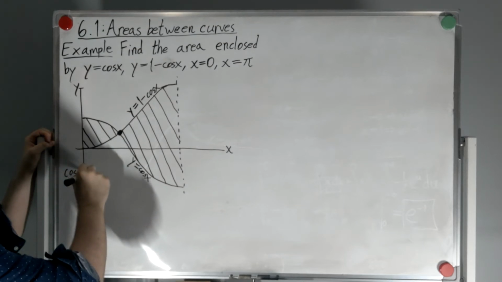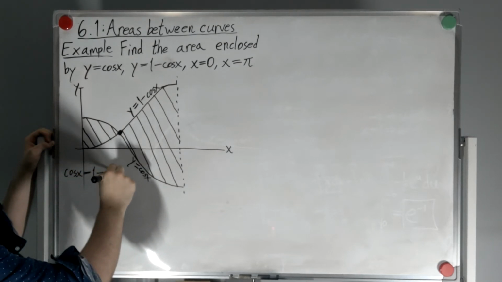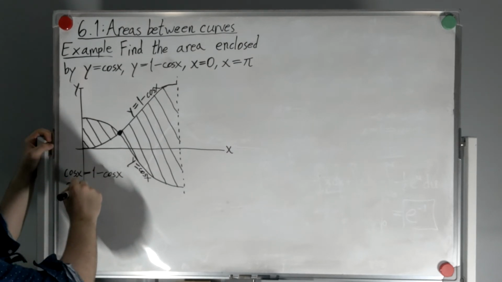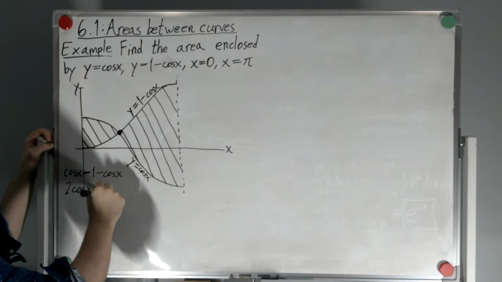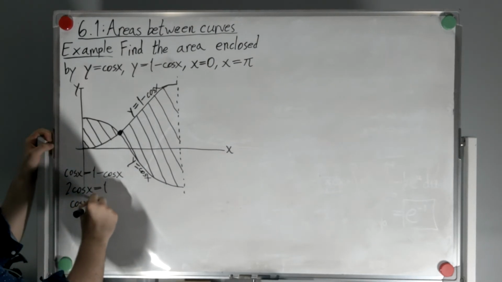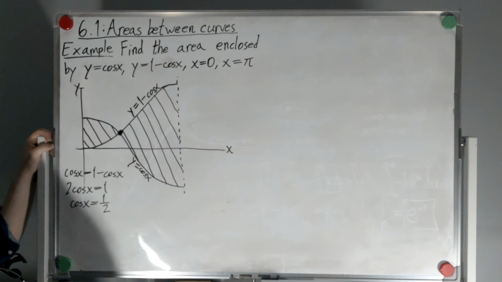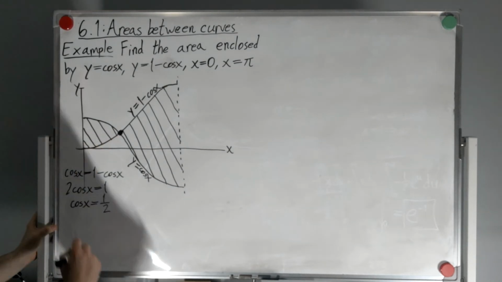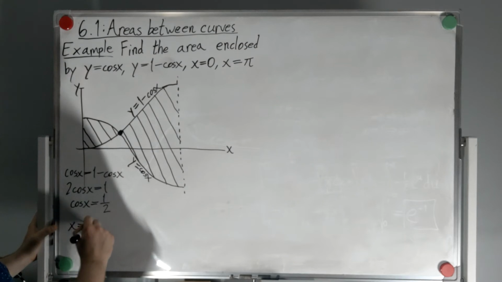Cosine x equals 1 minus cosine x. This becomes 2 cosine x equals 1. In other words, cosine x equals 1/2. And the first positive value at which that occurs is just going to be pi over 3.